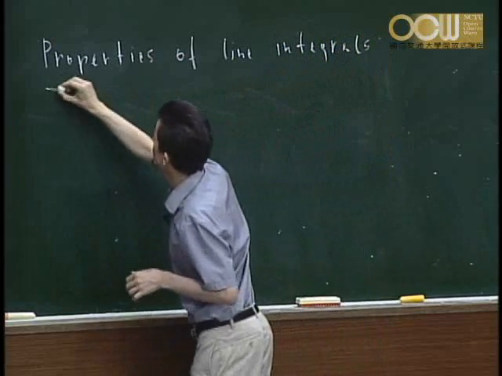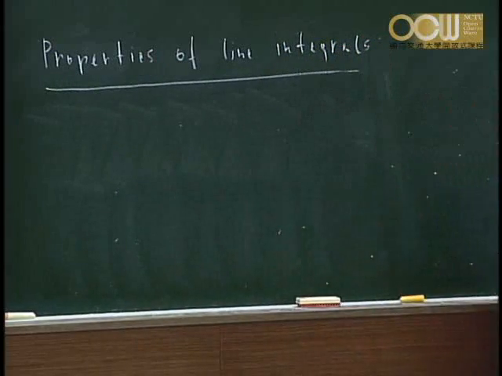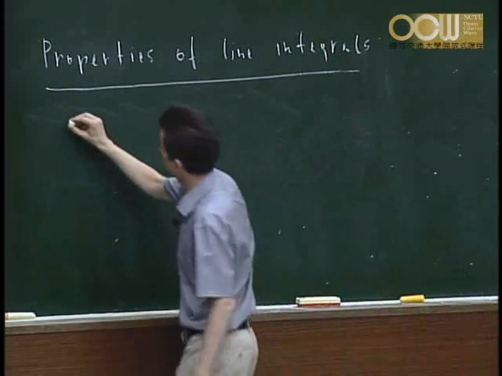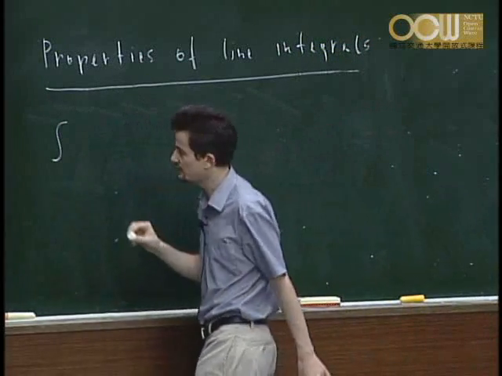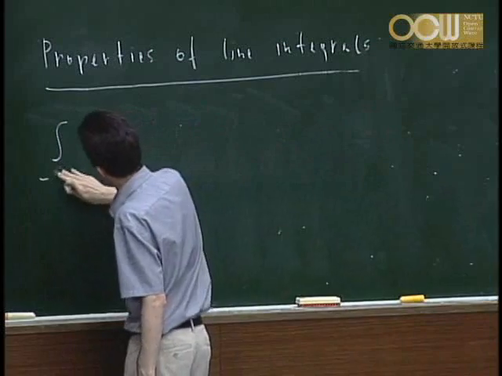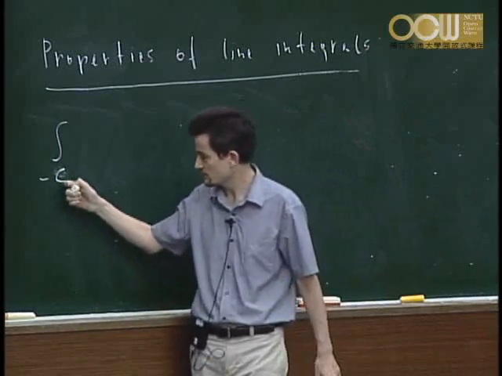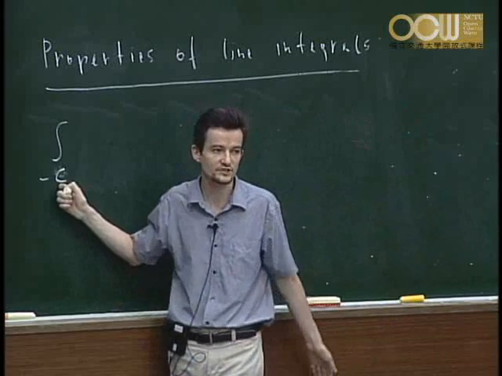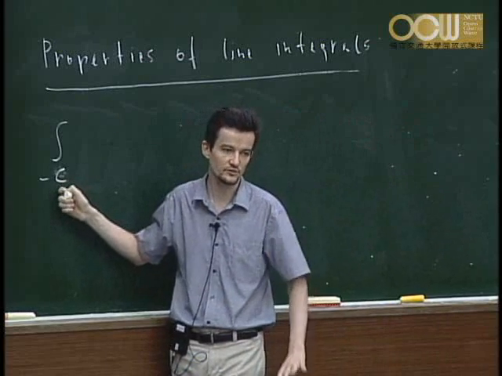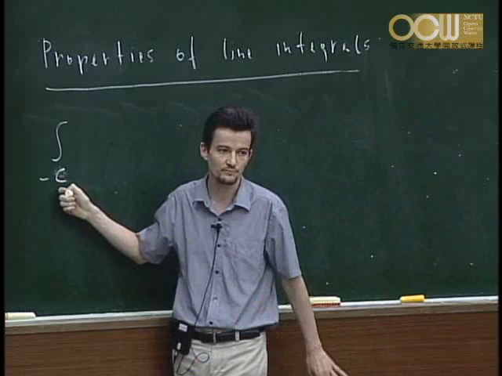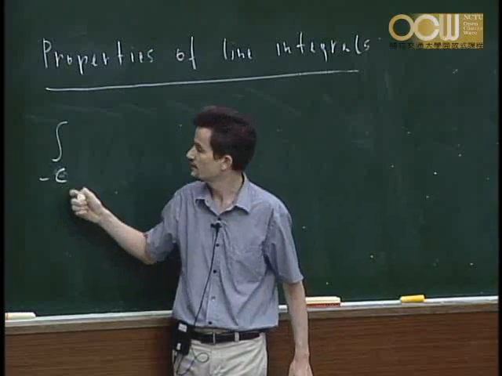Actually, there is only one which is important for us, and for this I have to explain a little bit. Normally if I have a given plane curve, with the plane curve also comes the orientation. The parametrization is not important, but the orientation is important.